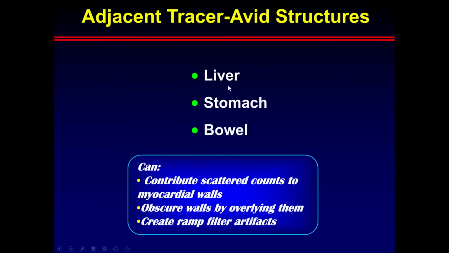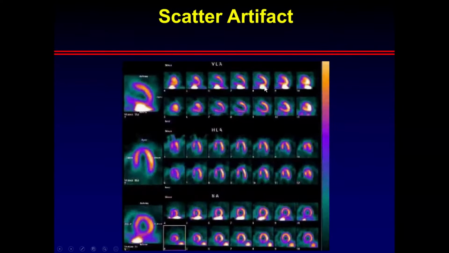So here's an example of someone with an inferior defect, or where you actually couldn't tell whether it's an inferior defect or not, because there's so much gut over the inferior wall that there's no way to interpret this. And so you would have to hopefully get a second set of pictures after giving the patient milk or some kind of fluids to drink to try to get rid of the gut technetium activity, and get a better series of pictures.